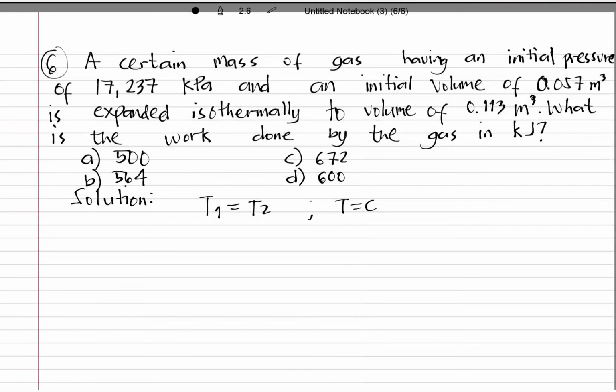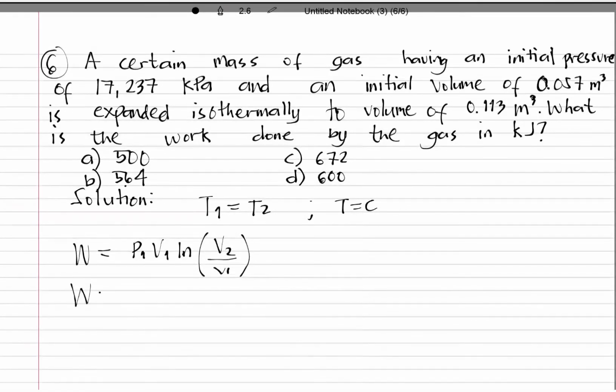Kung gagamitin mo siya sa equation natin, kung marirecall natin, meron tayong formula for work done by the gas in terms of isothermal, which is W is P1 V1 times the ln of V sub 2 over V sub 1. Okay, so ito yung gagamitin natin na equation para dyan.